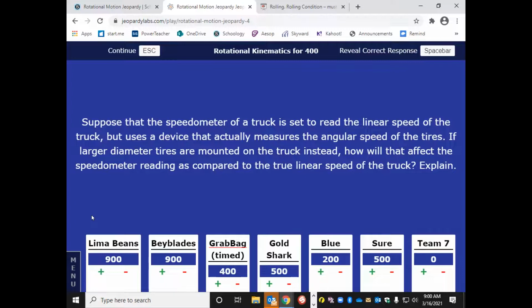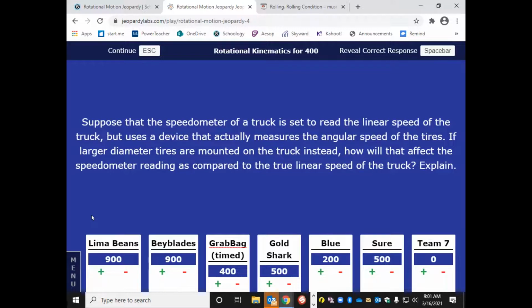What are you guys trying to do? Looking at higher R. Yeah.